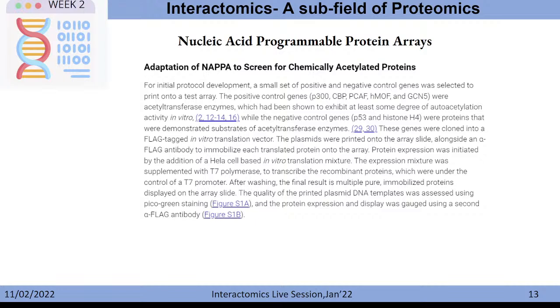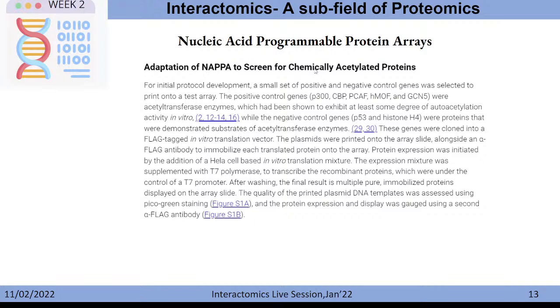For example, in a disease condition certain proteins may get auto-acetylated but not in a normal condition, and this auto-acetylation may create a chain of reactions leading to disease progression. That detection was not possible, whereas it became quite possible after they employed this technique to screen all the genes or proteins that can be acetylated.